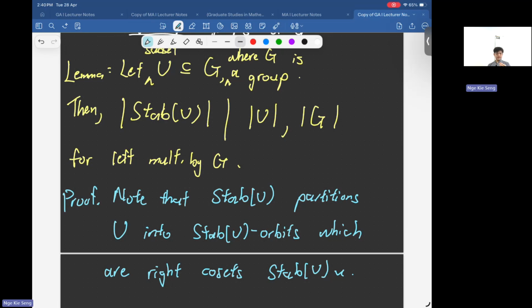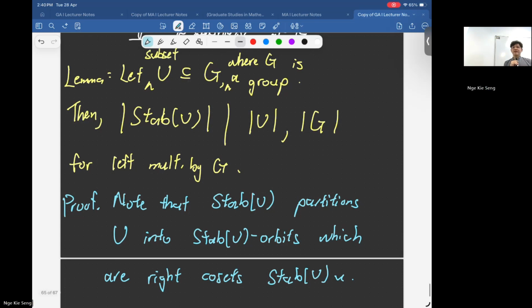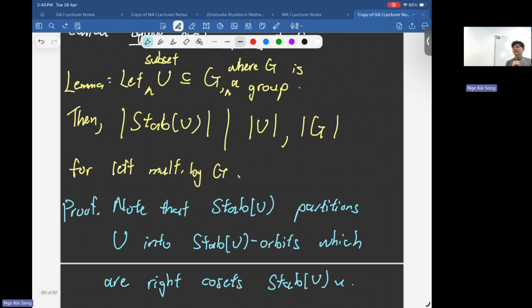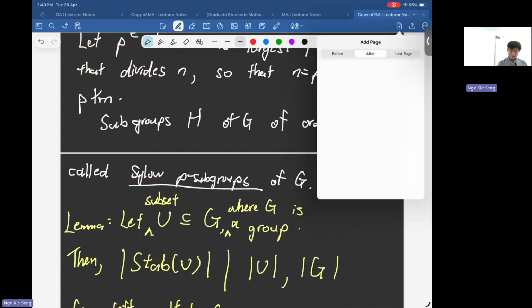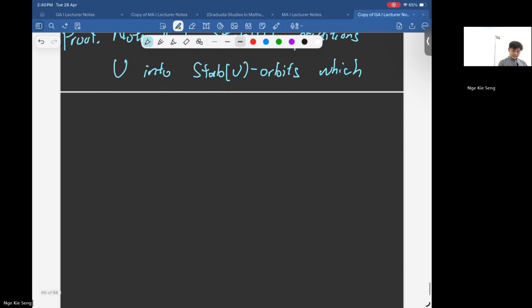Does this make sense? What's the definition of Stab(U)? Stabilizer.